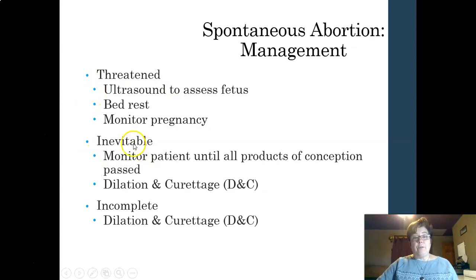For an inevitable and an incomplete, since the body may not have passed all of the tissues of conception or the tissues of that pregnancy, they would then do a D&C to remove the remaining tissue, because if it doesn't pass and it's not removed, then it puts her at risk for infection and sepsis, okay?